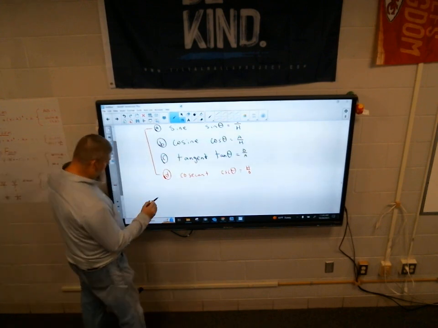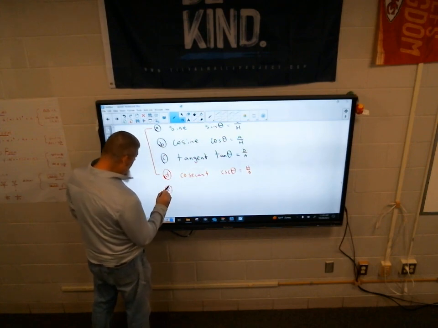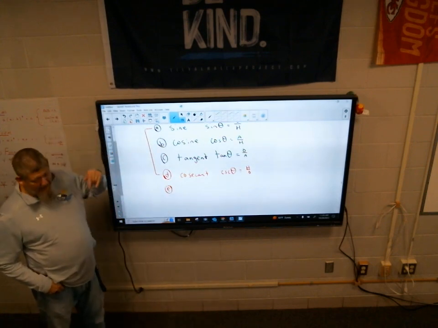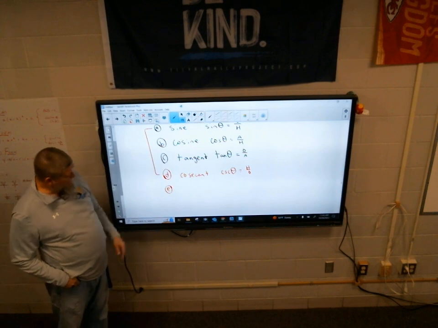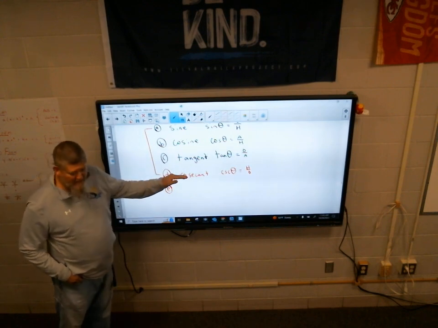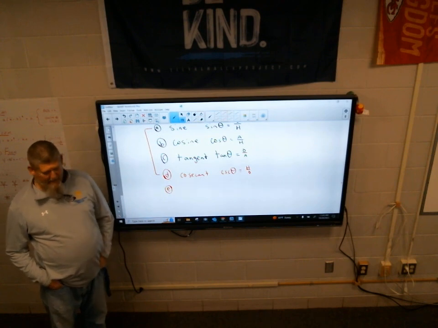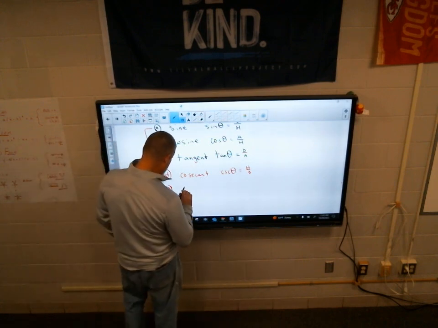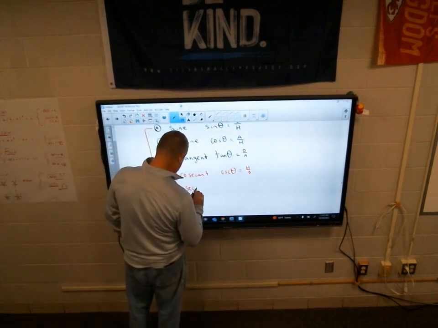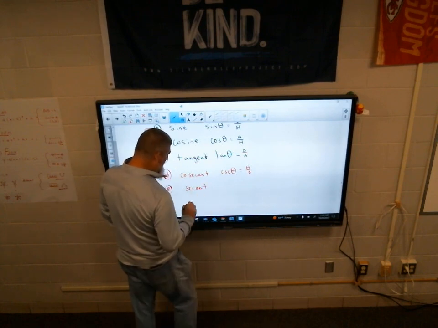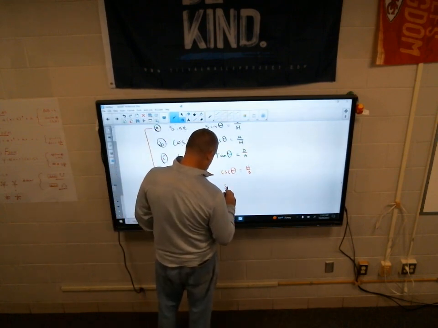Letter E. Okay, so we had a sine and a cosine. If I tell you there's a cosecant, then there's also going to be a secant. It's going to be abbreviated SEC.